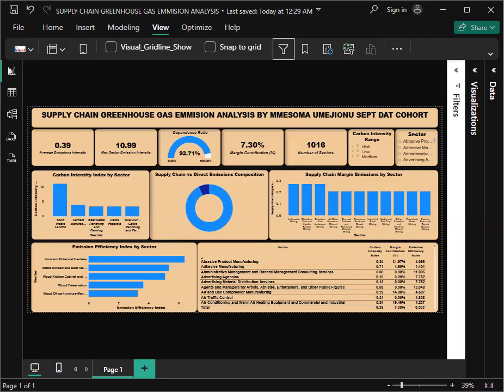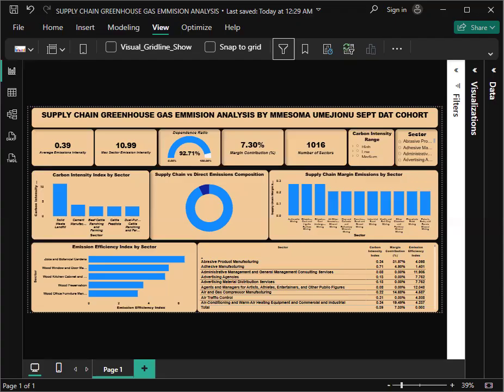Okay, looking at this table, we can see that this is a sector level detailed table, and we can see that the abrasive product manufacturing has a carbon intensity of 0.24 and margin contributions of 31.97%.